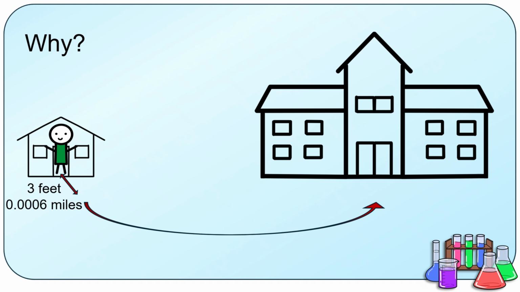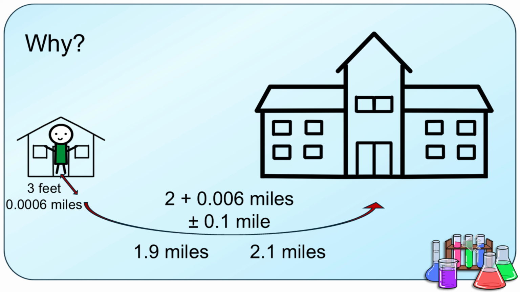Are you now going to say that the distance from home to school is 2.0006 miles, plus or minus 0.1 mile? No. That doesn't make sense because the original plus or minus 0.1 mile means the distance could be 1.9 miles or 2.1 miles. There's already a big uncertainty there. Even if you add 0.0006 miles, that number is smaller than the original uncertainty, so it doesn't matter.